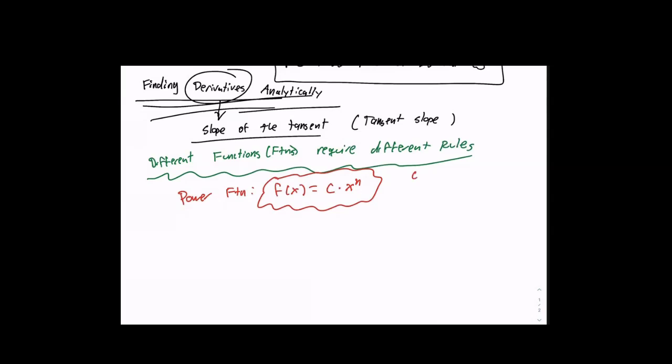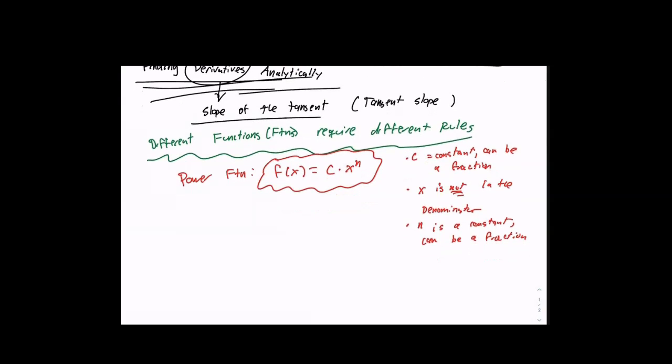Something to note: n is a constant and can be a fraction, x is not in the denominator, and the variable here is x.